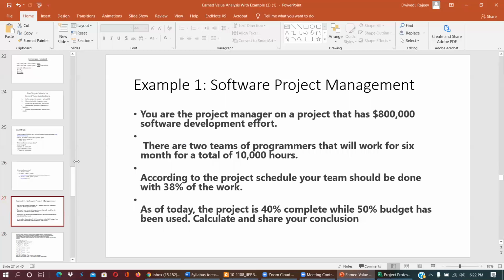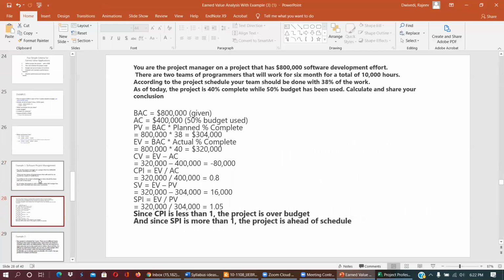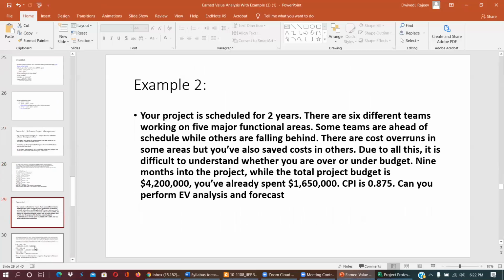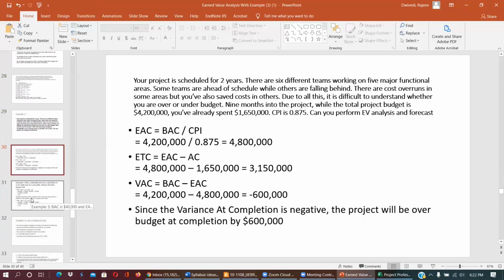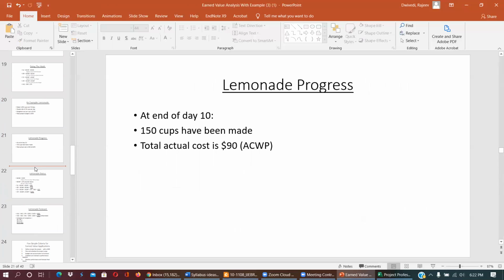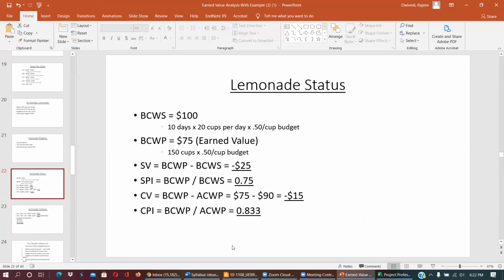Similarly, there are other examples that you can go through. It is not rocket science, just very simple mathematics, no calculus, and no special software is required. You can even do it simply in Excel. So this is what I wanted to explain this week.